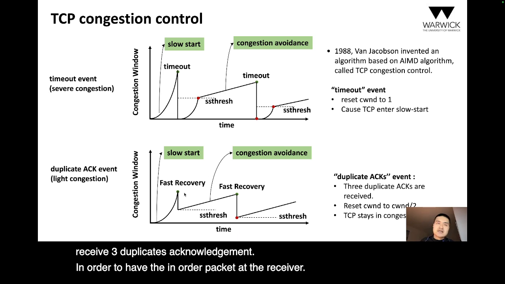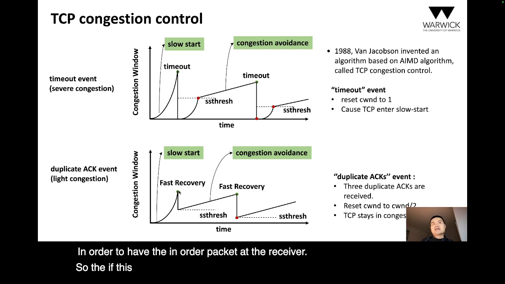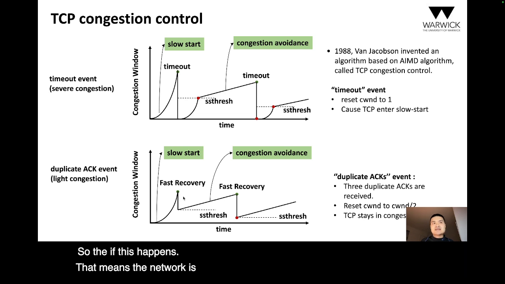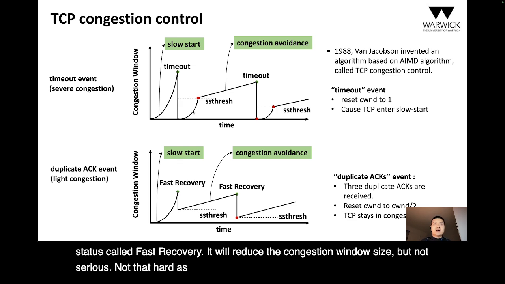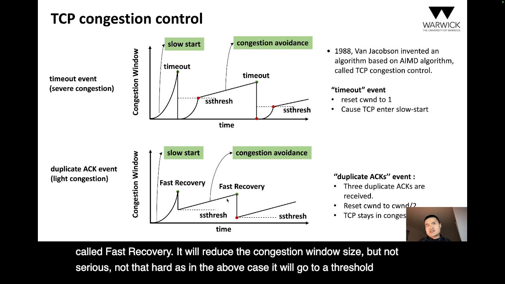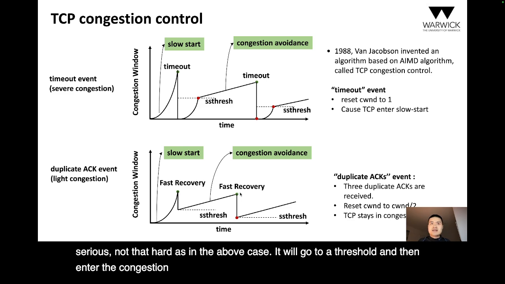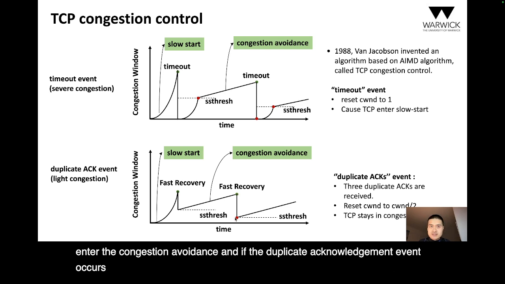If this happens, that means the network is congested, and the sender will enter a status called fast recovery. It will reduce the congestion window size, but not as hard as in the above case. It will go to a threshold, and then enter congestion avoidance. If the duplicate acknowledgement event occurs again, it reduces again, but this time it will reach a lower threshold and enter congestion avoidance.